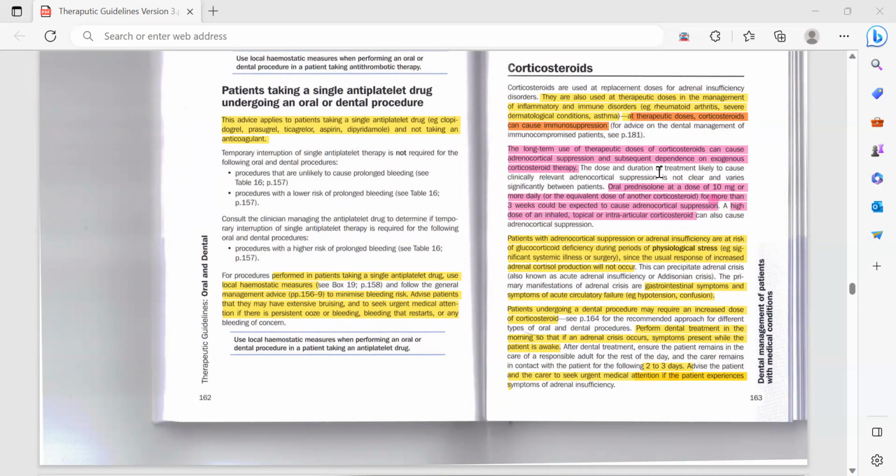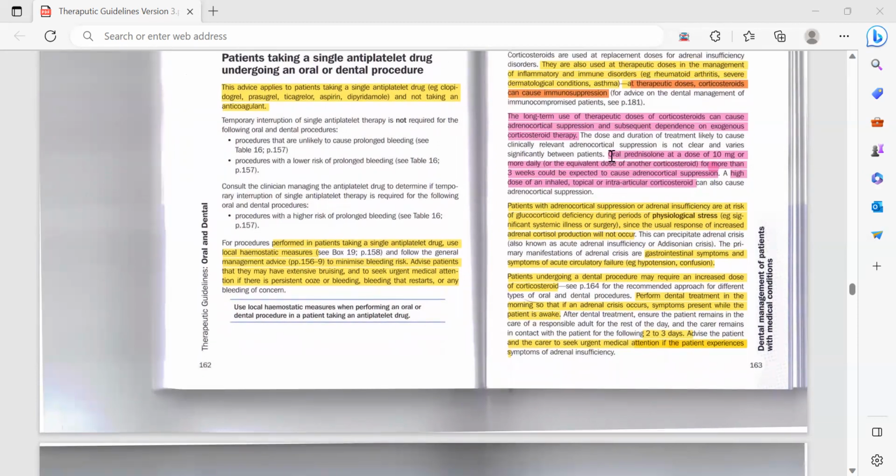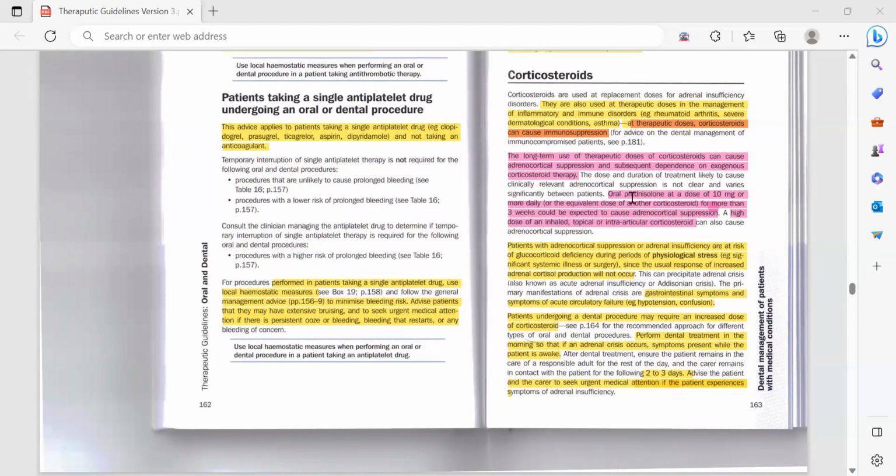The doses and duration of treatment likely to cause clinically relevant adrenocortical suppression is not clear and varies significantly between patients. The patient at risk of adrenal consequences is any patient taking oral prednisolone at a dose of 10 milligrams or more daily, or any other equivalent dose, for more than 3 weeks.